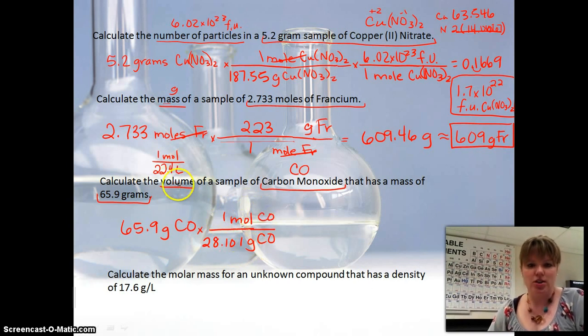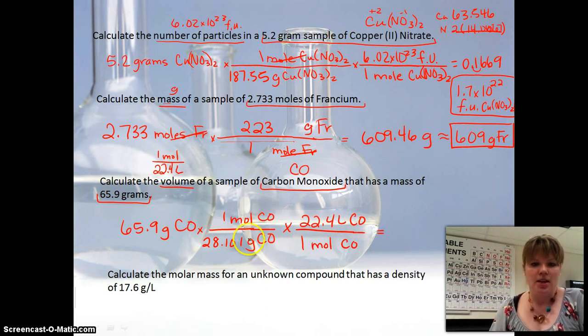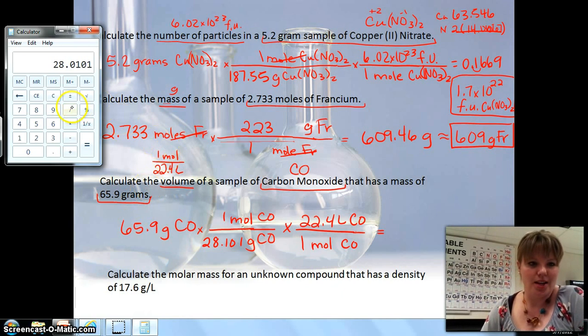And we're trying to get to volume. Okay? So now we know 1 mole goes on bottom of CO. And now we can use this conversion factor of volume. So we know 22.4 liters of CO goes on top. Okay? So now we get out our calculator one more time. Let's clear this, 65.9.